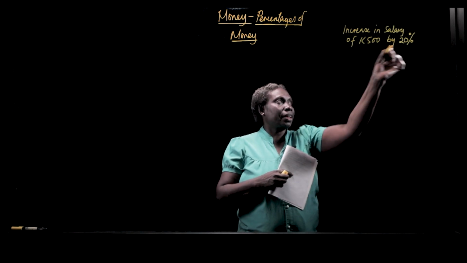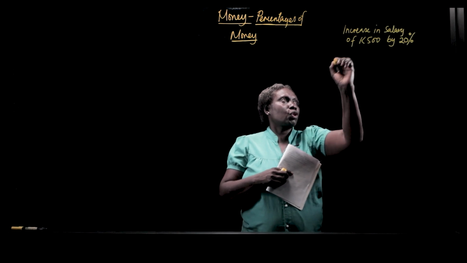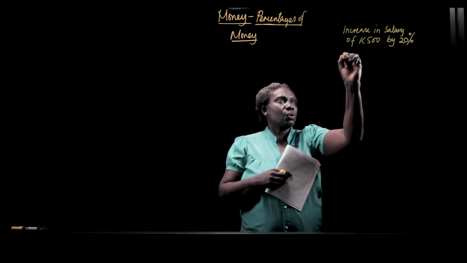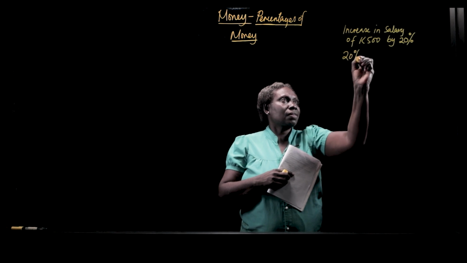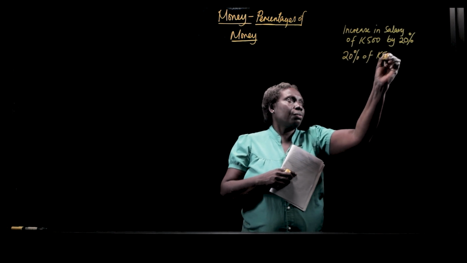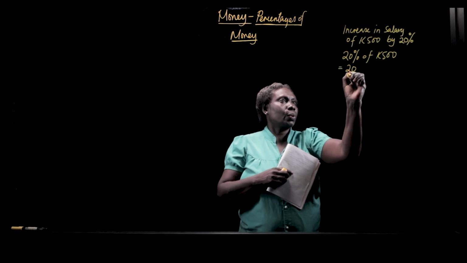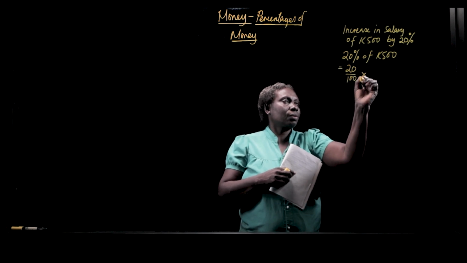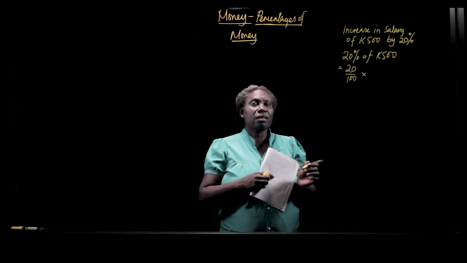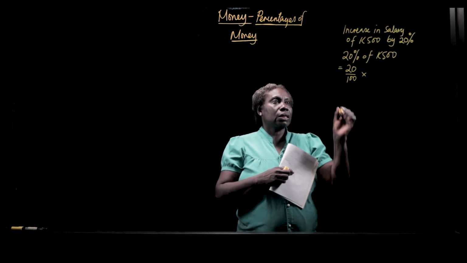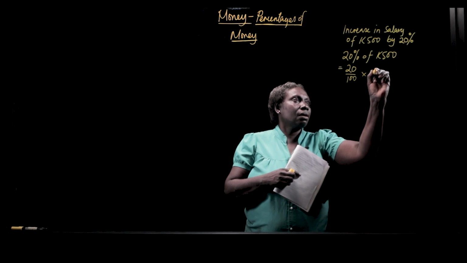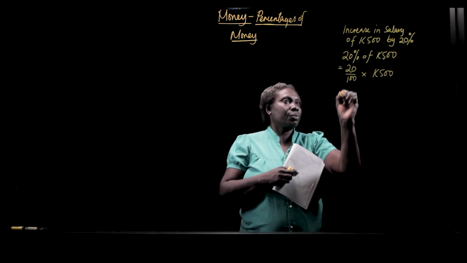The first thing is to find the increase, which is 20% of 500 kina. That is equal to 20 over 100, because anything expressed as a percentage is that quantity over 100, times 500 kina.